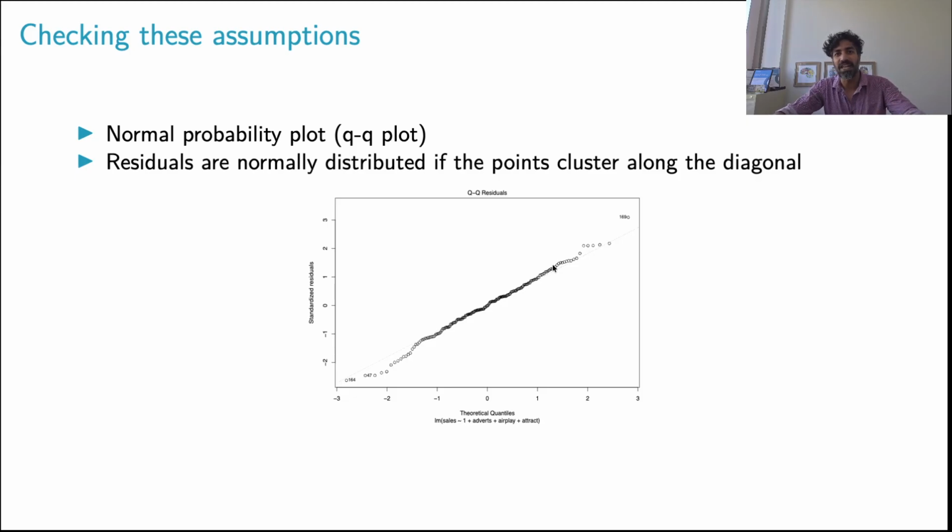These can be difficult to read when you're first looking at them. You may ask yourself, how stringent should you be? Look here at the ends, they seem to be deviating quite a lot from the line. Really, the rule of thumb that I think helps is, when you're looking at a QQ plot, start with the middle. This is typical of what you should be seeing with really nice, normally distributed residuals.